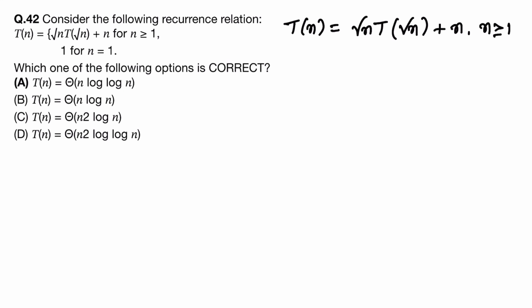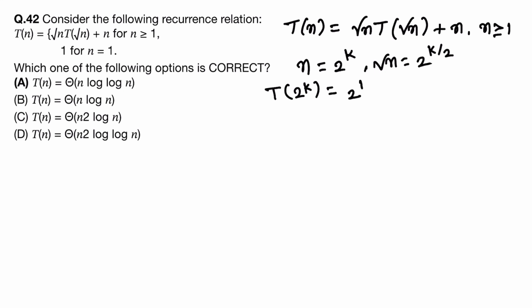What I will do, I will take the value of n equal to 2 to the power k. So T of 2 to the power k is equal to, root n will be 2 to the power k by 2, so 2 to the power k by 2 times T of 2 to the power k by 2, plus n, which is 2 to the power k.